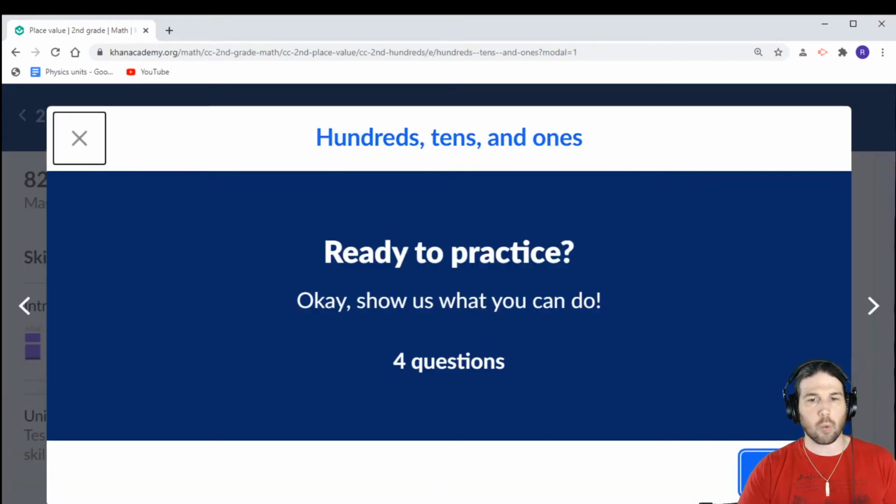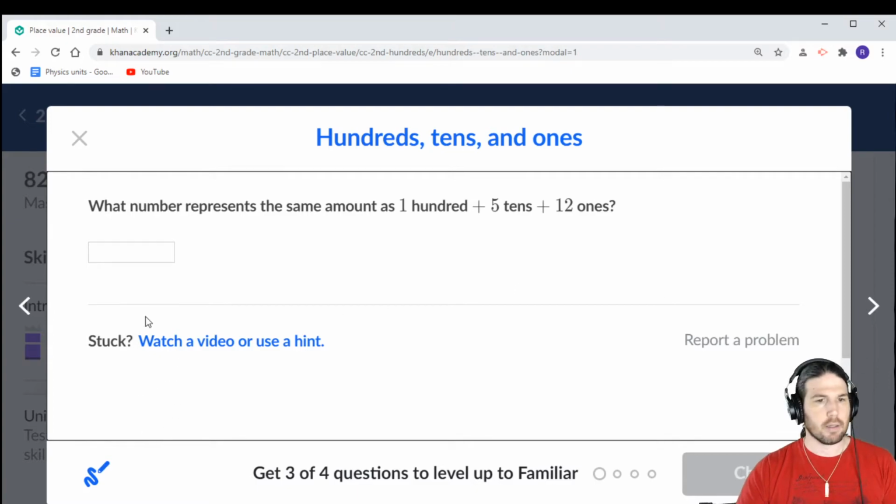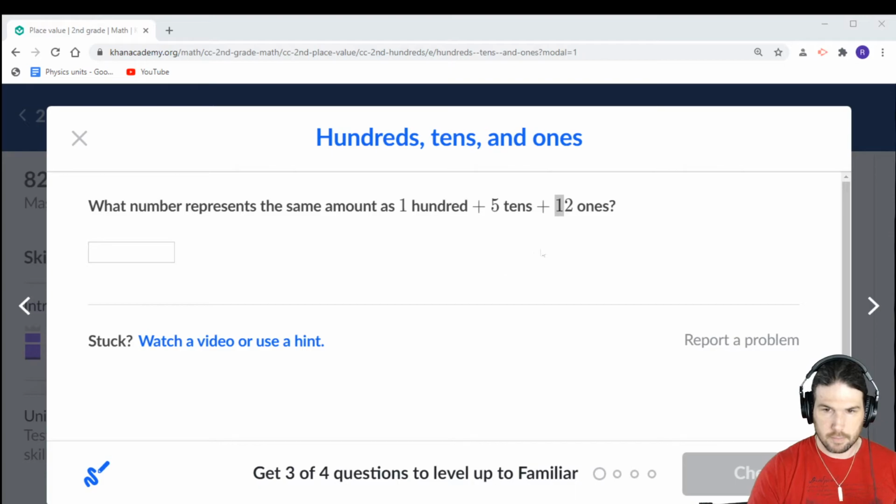Hundreds, tens, and ones. I am ready. Which number represents the same amount as 100 plus 5 tens plus 12 ones? So we've got to be careful. These 10 ones, I'm going to move over into this tens group.